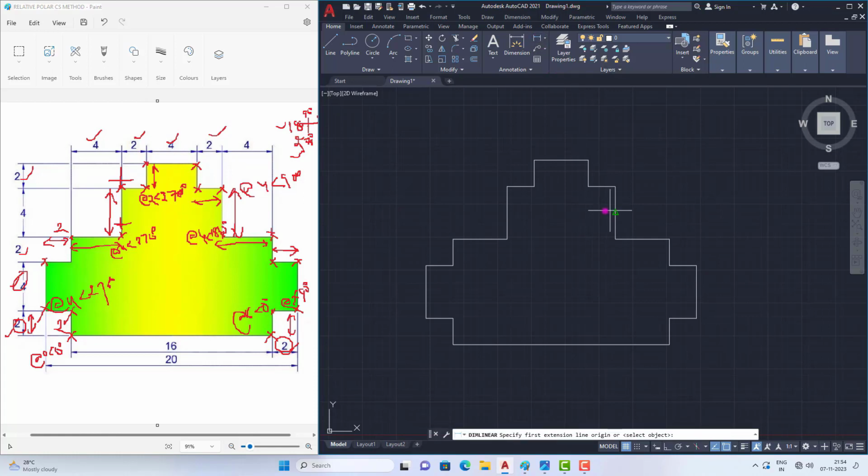So you can view the dimensions here also by going into this linear dimension. Once check all the dimensions we have given correctly.